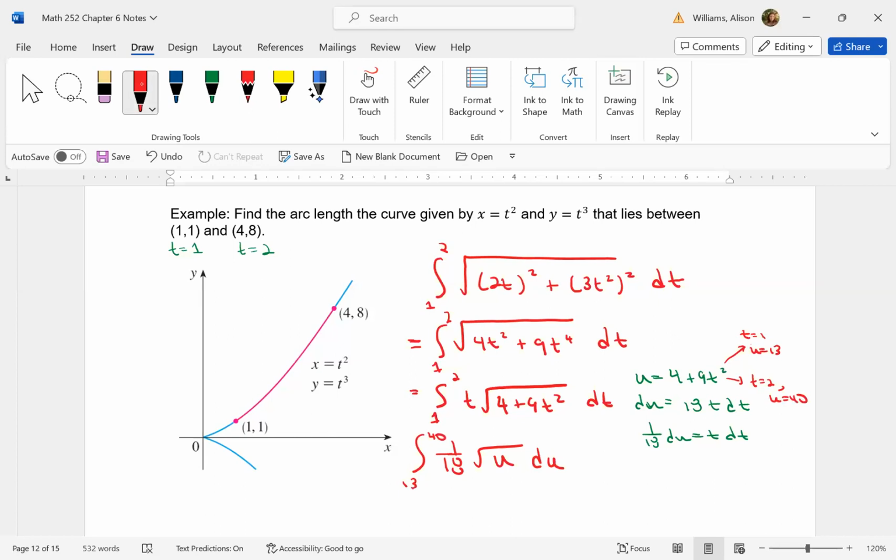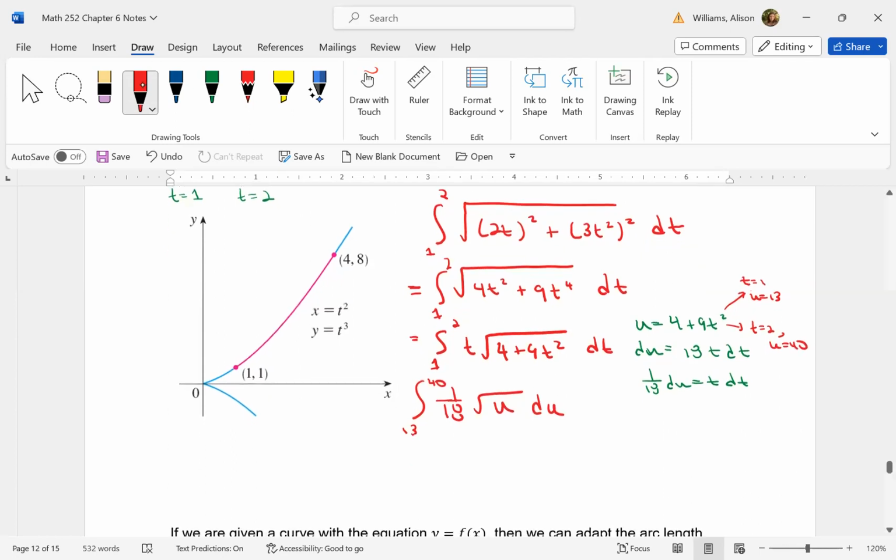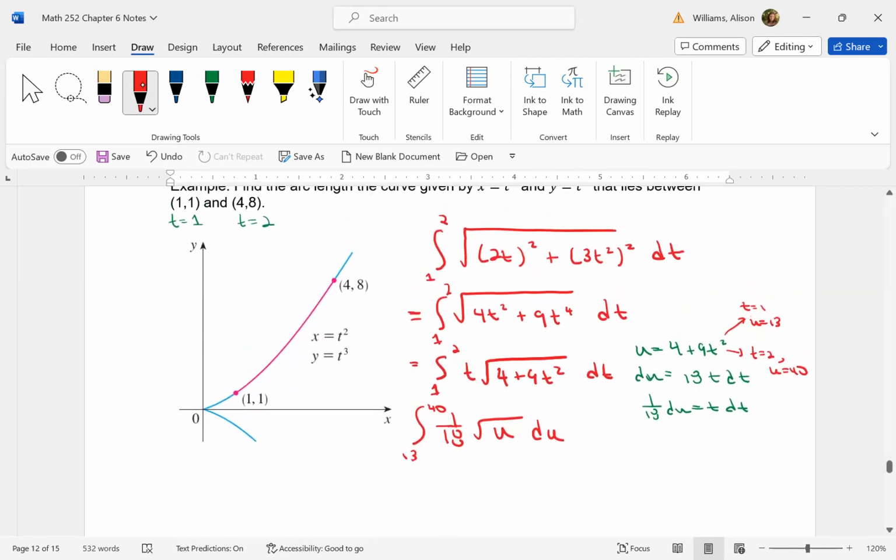All right, let's take the integral of that, or the antiderivative. So square root is u to the 1/2. And here, I'm going to give myself a little bit more space and put it over here. So u to the 1/2, the antiderivative would be 2/3 u to the 3/2 times 1/18 still, going from 13 to 40.